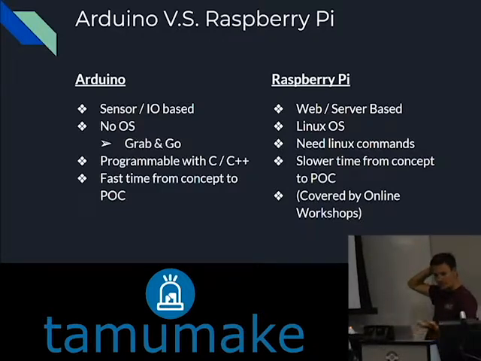But to sum up what they are, Raspberry Pis are used a lot for web and server-based things. So if you want, when something happens or when a button is pushed, to send a text message or an email or a Twitter post or an Instagram post, you can do that with the Raspberry Pi because it's a computer. The Arduino is like a microcontroller.